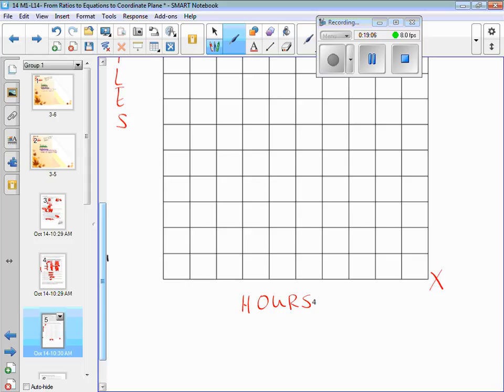Okay, next thing is we've got to make our numbers. Far left corner is always going to be 0 for both hours and miles. And let me ask you this. How many total hours are in the ratio table? There's 8, right?